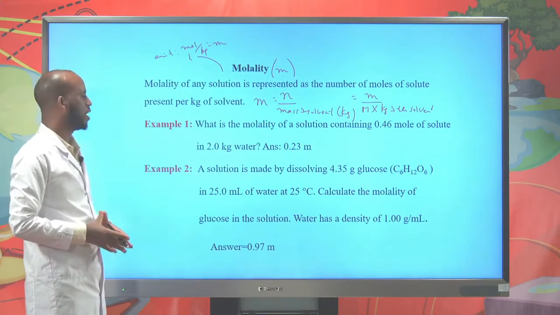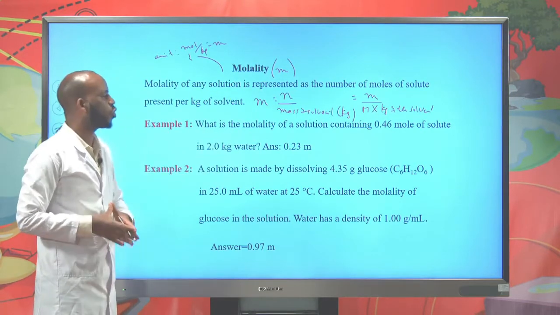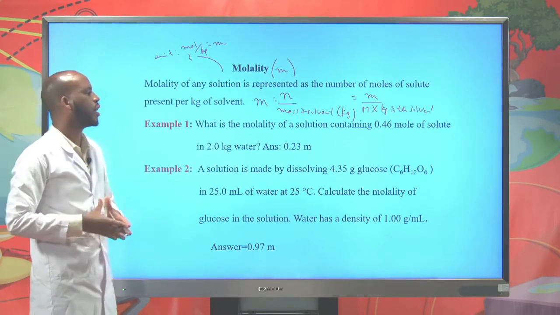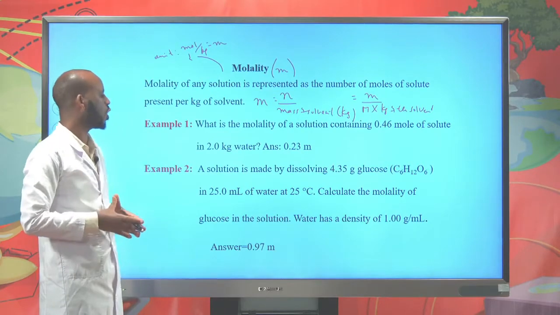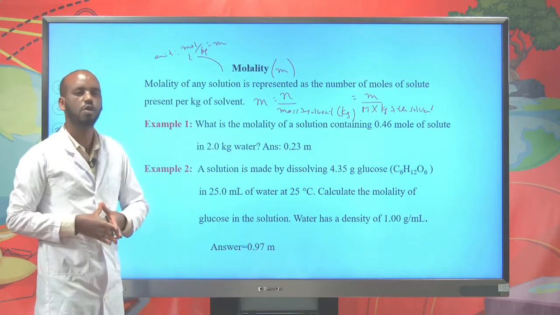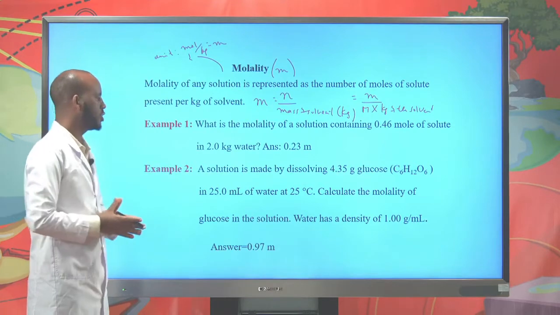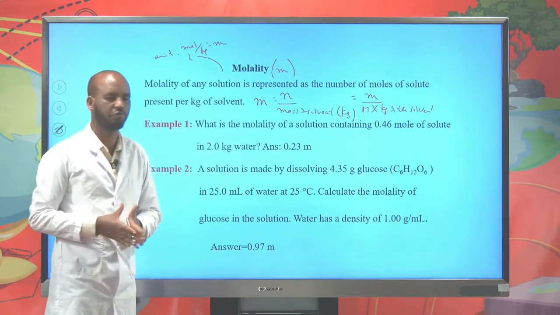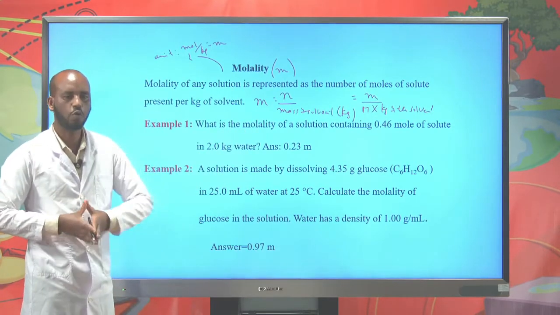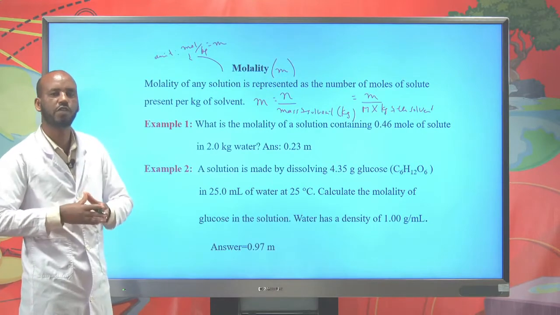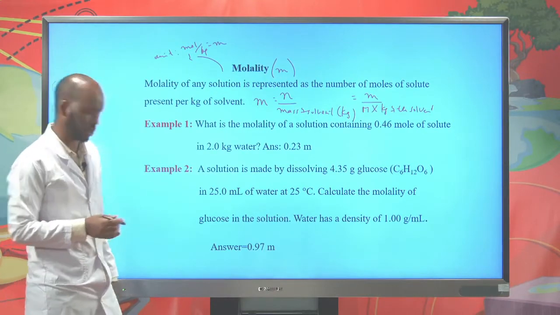For example, what is the molality of a solution containing 0.46 mole of solute in 2 kilogram of water? You are asked to calculate the molality of a solution. One way of expressing the concentration of a solution is using molality.